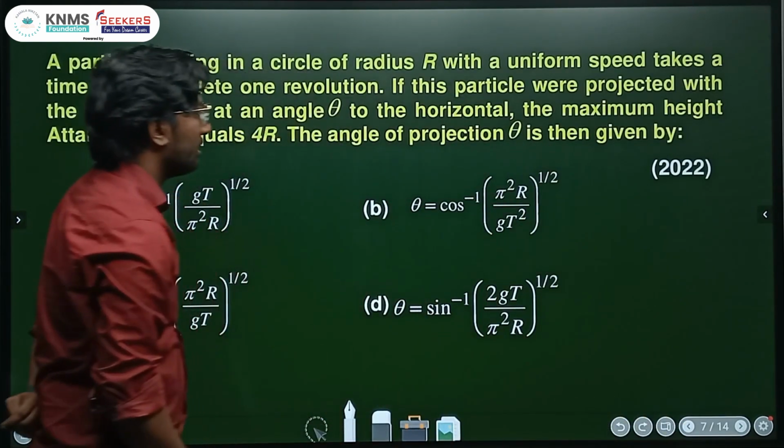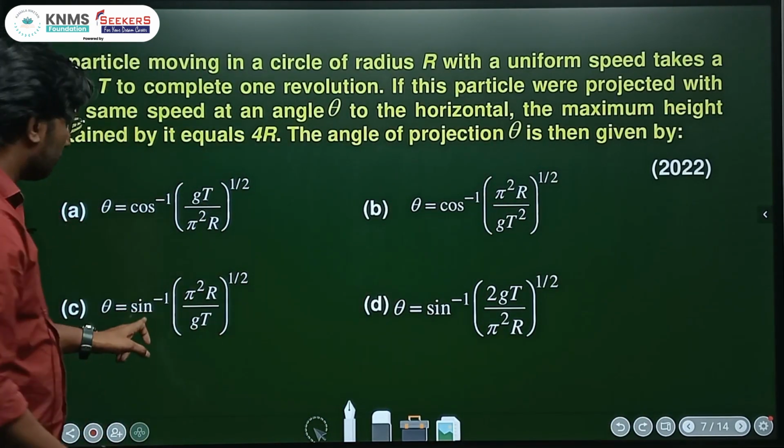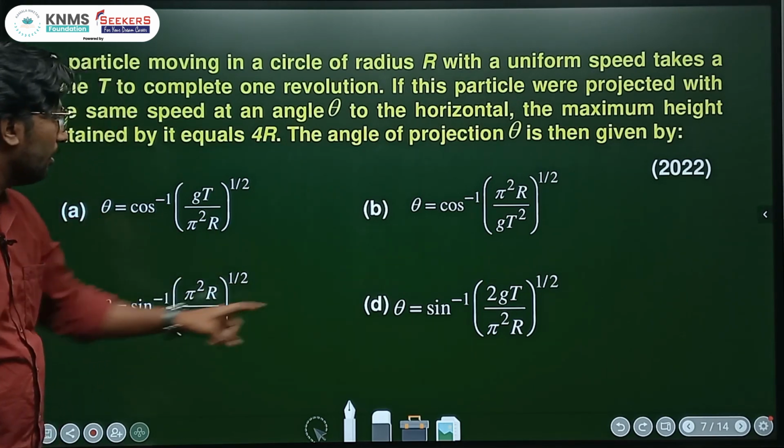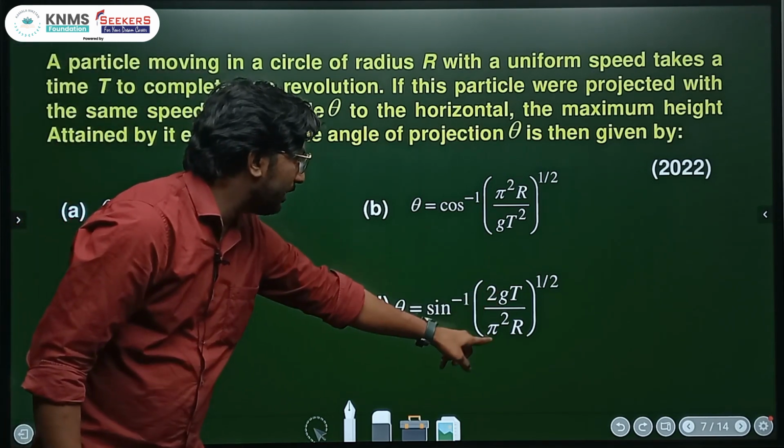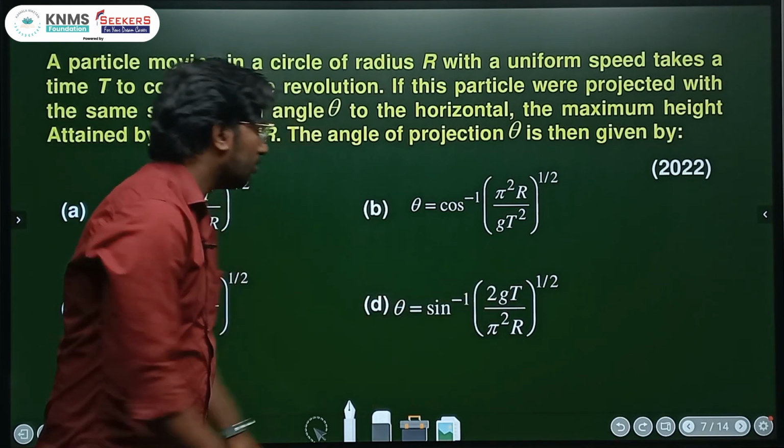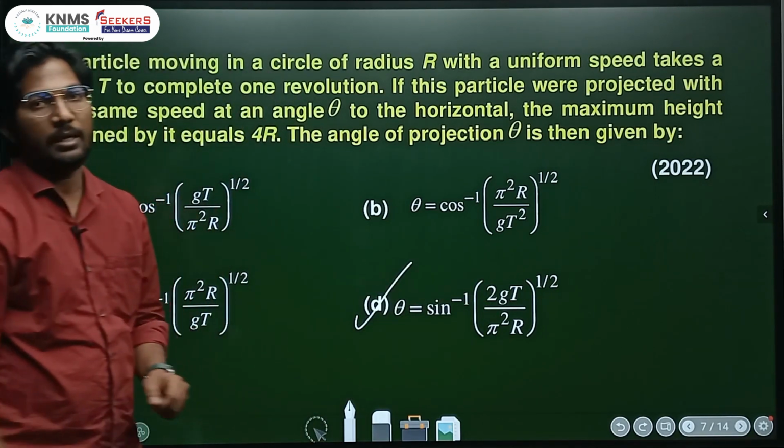Let's see which option is matching. Here we got the answer, 2g t squared by pi squared r, to the power 1 by 2, so that will be our answer.